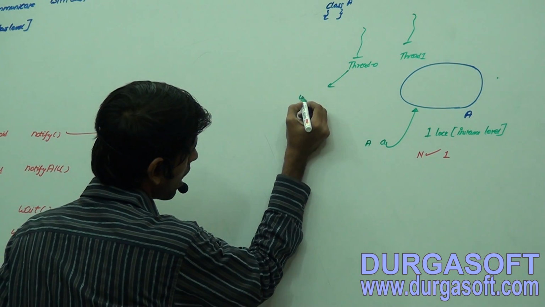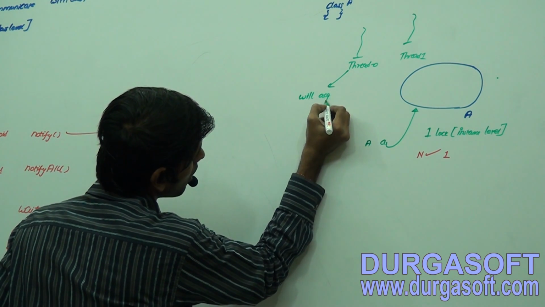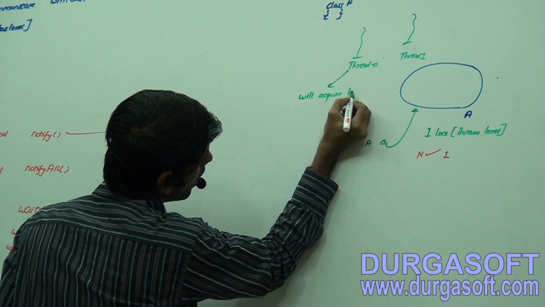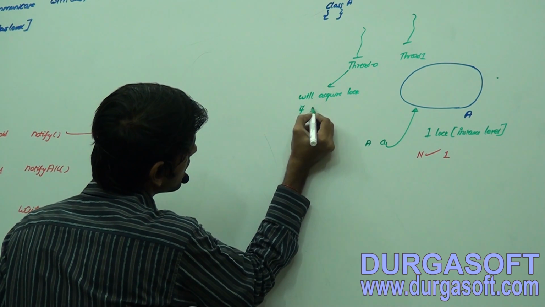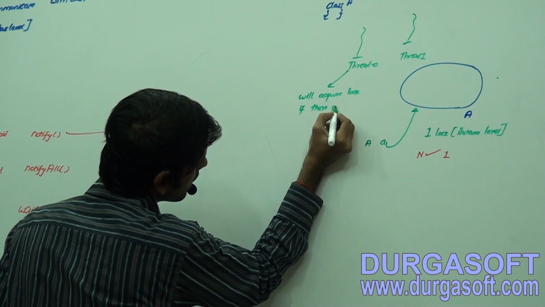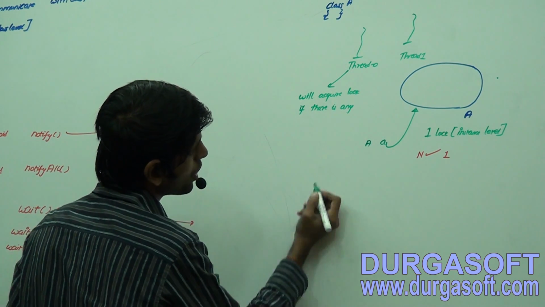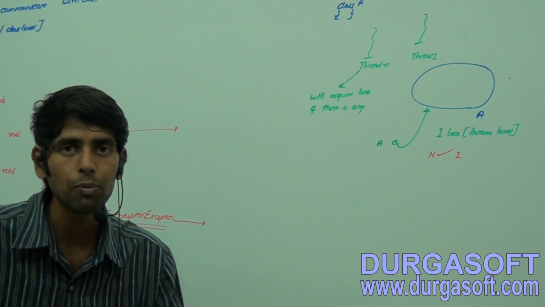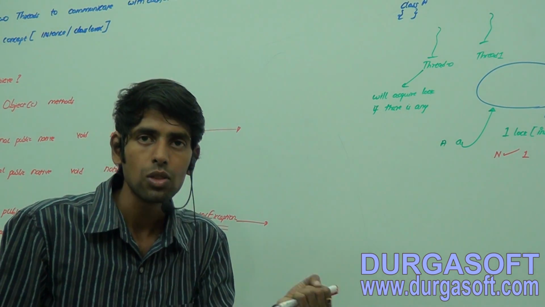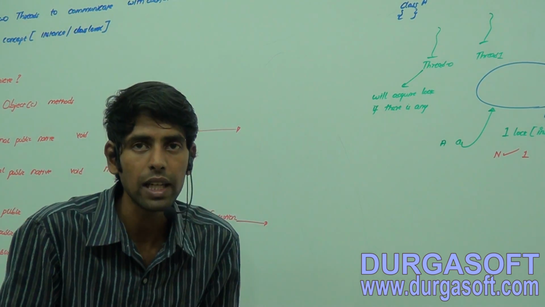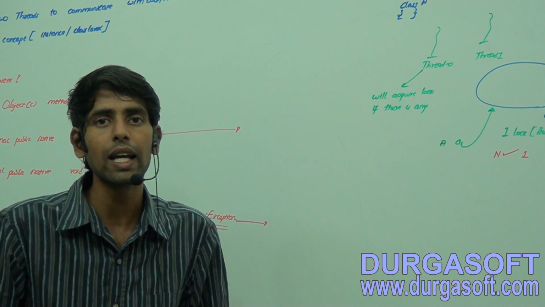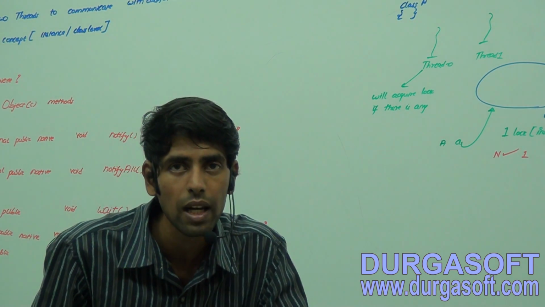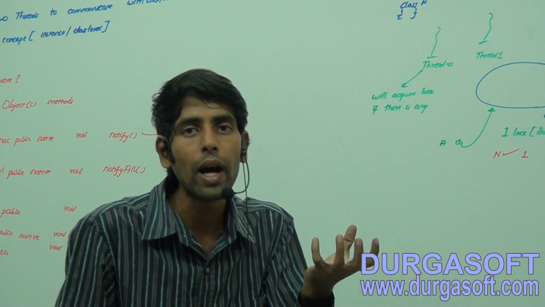This thread 0 will acquire the lock if there is any notification, in the sense, hello, I have done something for you, so you can acquire the lock, so I will acquire the lock. Notification technically is nothing, honestly it is giving an intimation, a green signal for another thread to execute or acquire the lock.